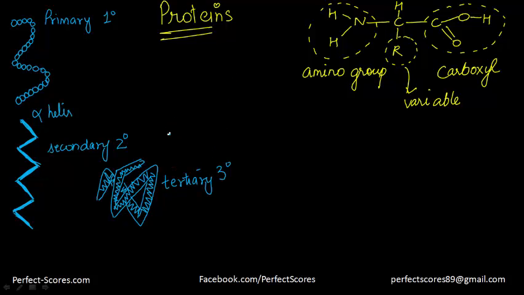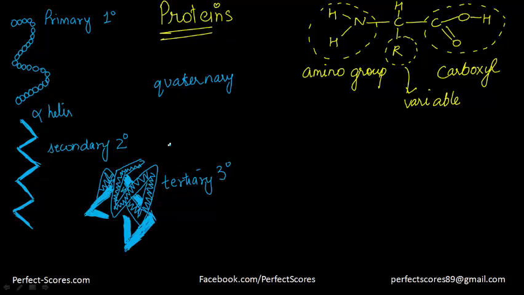And the next level is the quaternary protein structure, which is there in case the protein has more than one chain. So similar to this structure, you will have one more structure that will be going side by side with this one. So you'll basically have two structures, and let me just draw that a little bit.